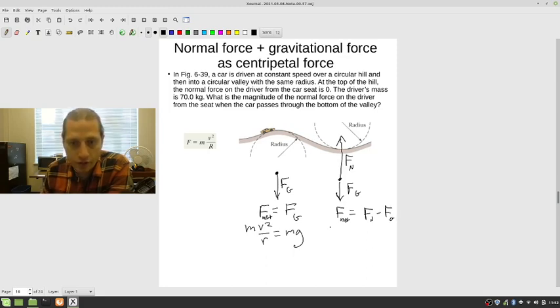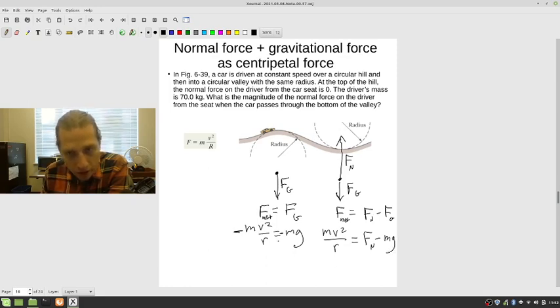Your net force is going up, so it'd be mv squared over r. So this is F net equals ma. The a is that centripetal acceleration, equals Fn minus mg, for the same car or same person.